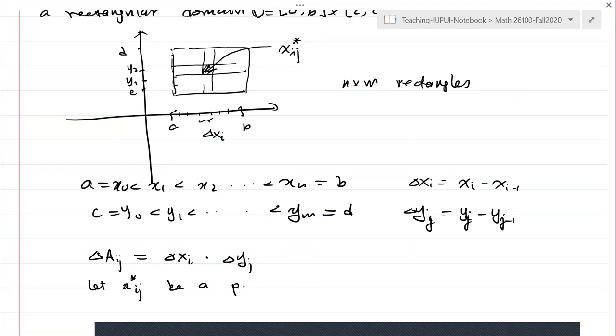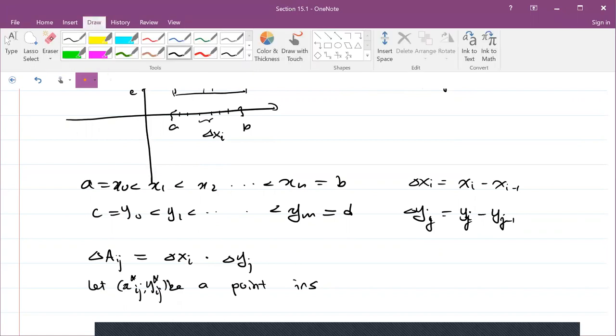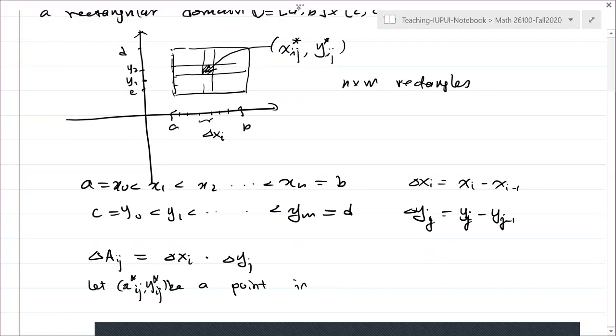Let it be a point in this rectangle, written in the form [x(i-1), xi] cross [y(j-1), yj]. Now everything's ready.